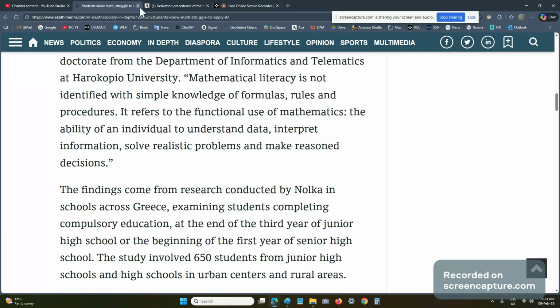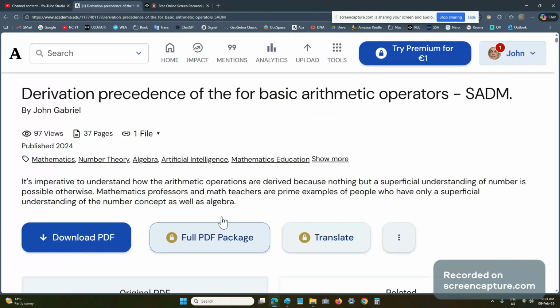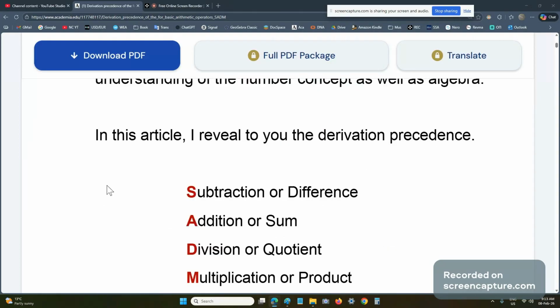Okay, so to help you, I produced an article on Academia.edu without belaboring the point. It's very important, and you should study it because all of your mathematic problem solving ability rests on understanding what's in this article. Okay.